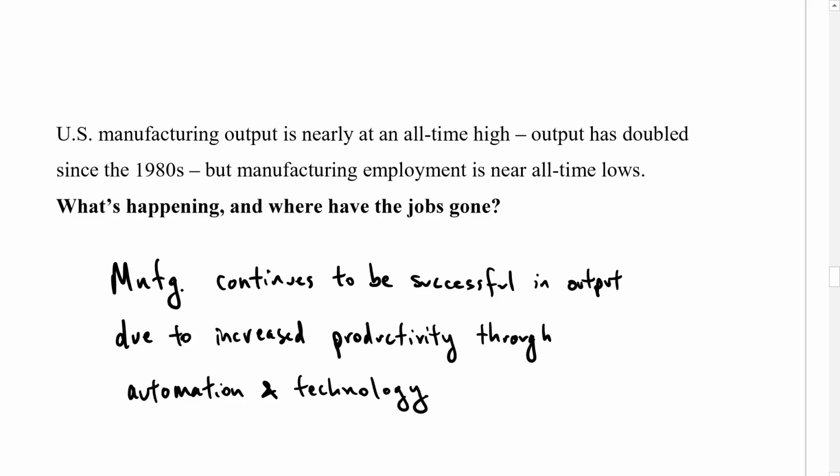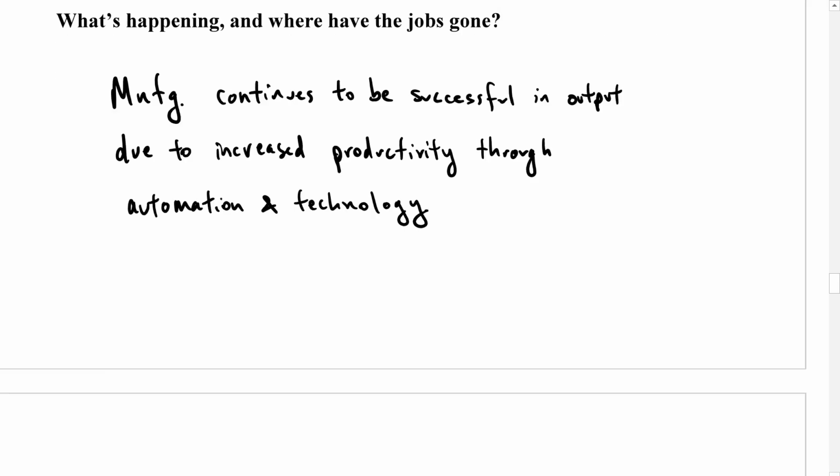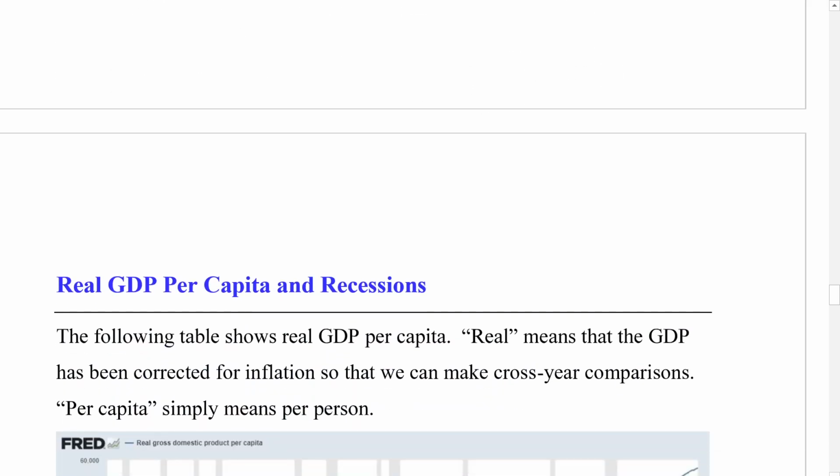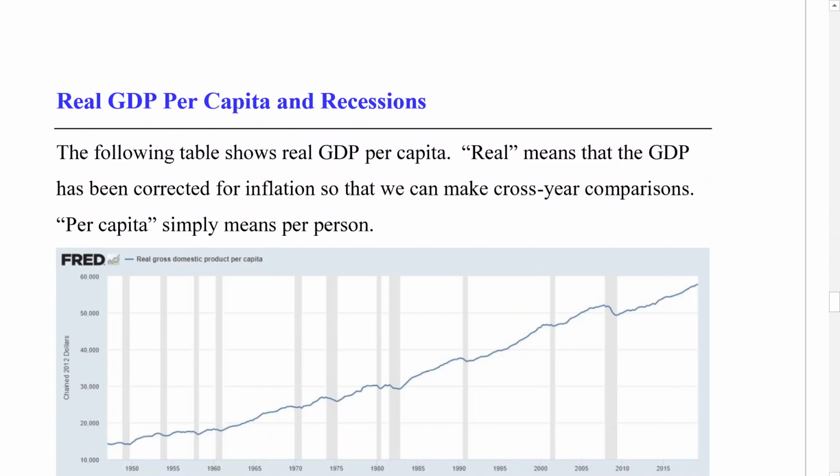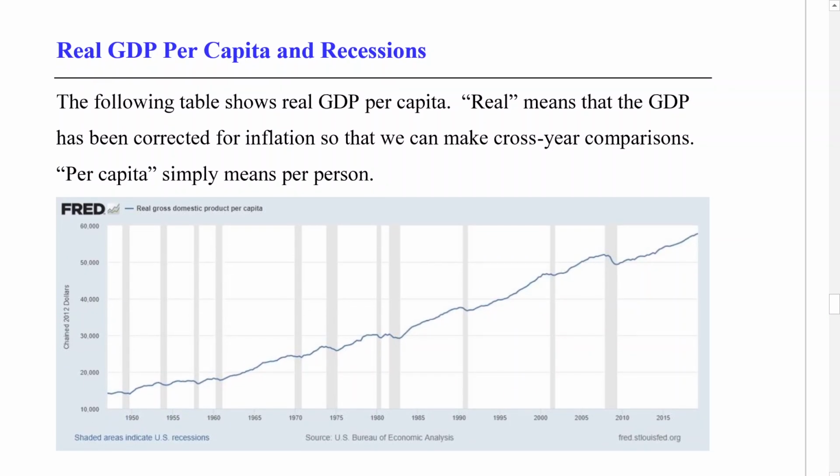Okay, there we have it, and one more graph to show you for this video, and that'll do it for us, is looking at real GDP per capita. Again, real corrects for inflation, so all of these numbers are directly comparable across time.